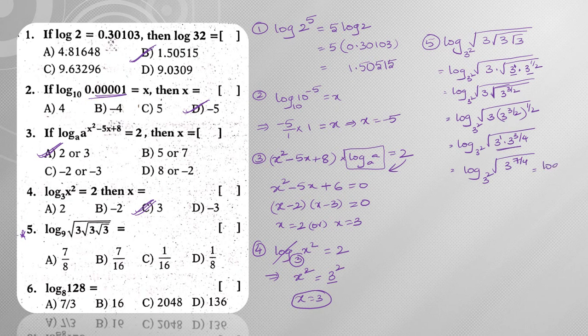Again this I can convert as logarithm of 3 power 7 by 8, because this square root I can convert as whole power 1 by 2. So 3 power 7 by 4 whole power 1 by 2 means 3 power 7 by 8 to the base 3 square. Now using power rule I can write it as 7 by 8 by 2 into log 3 to the base 3, which is nothing but 1. Now this I can write as 7 by 16, right? So I hope you have understood, right?